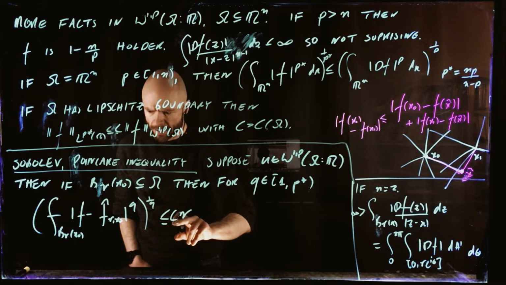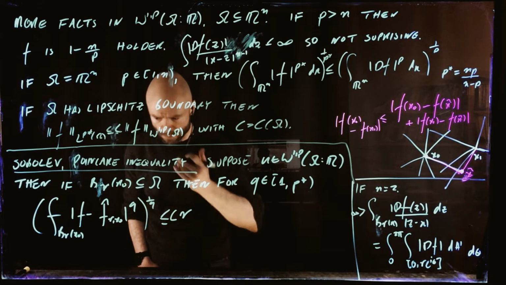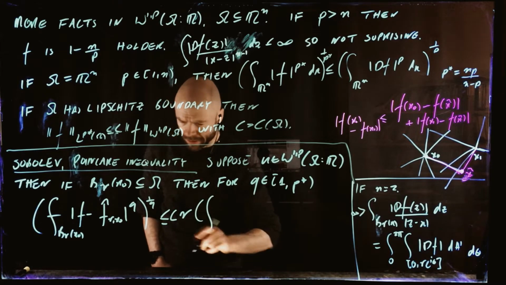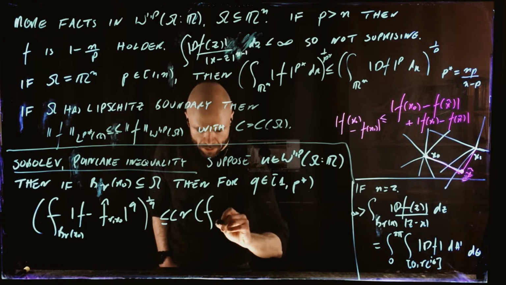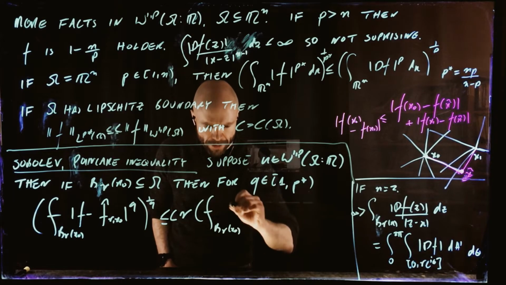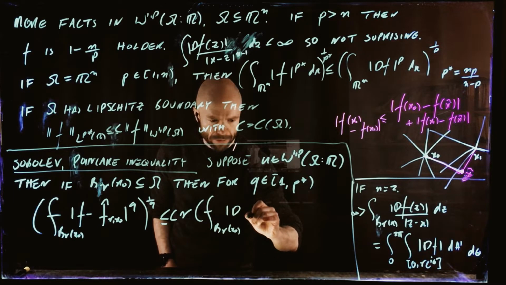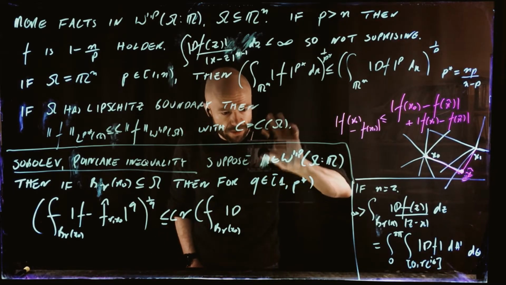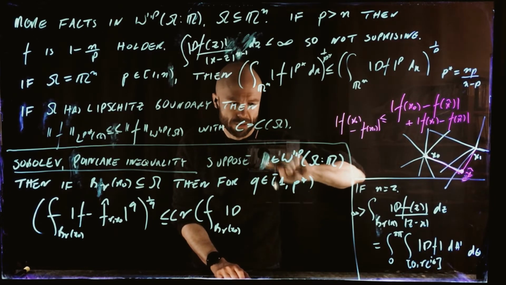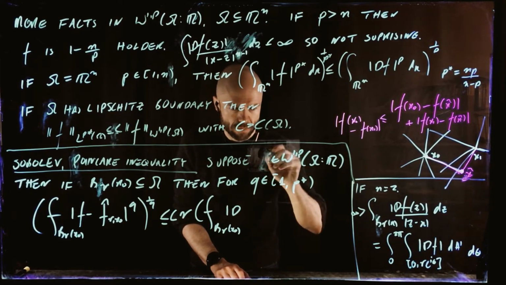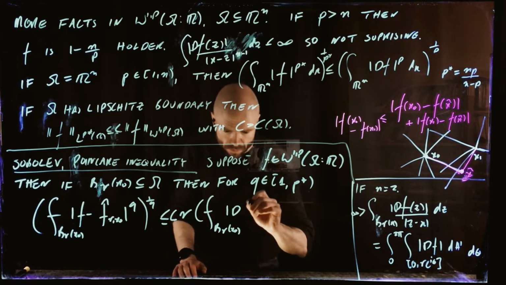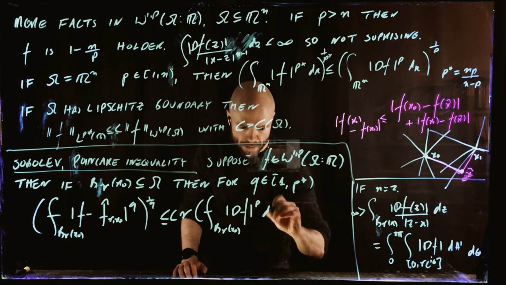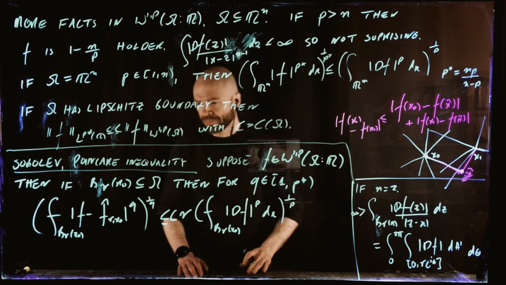This is a universal constant. It doesn't depend on anything. It's just a fixed constant in cases where it's calculated. And I've switched from u to f, damn it. And this is to the p, 1 over p, okay?